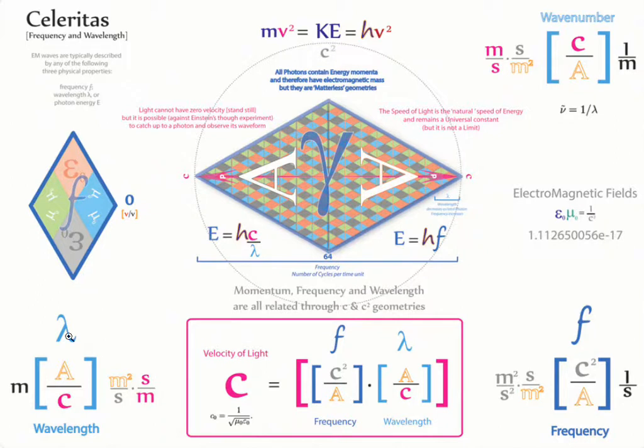Combining meters with per seconds, as in multiplying wavelength by frequency, or calculating for the cross product, we get a unit of meters per second, which is a velocity. In this case, it's the velocity of energy, or more specifically, it's normally termed the velocity of light.